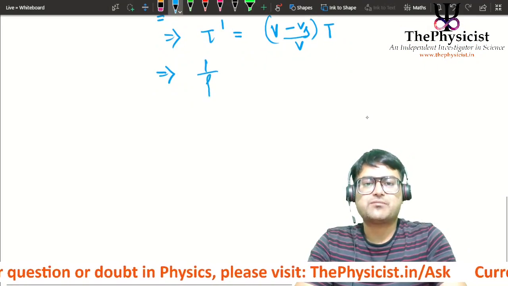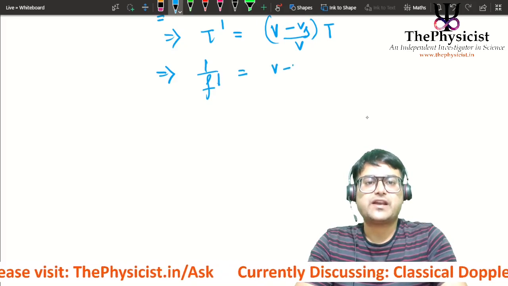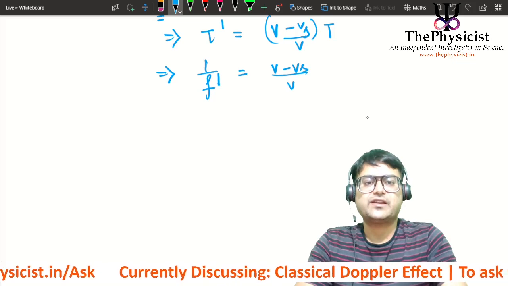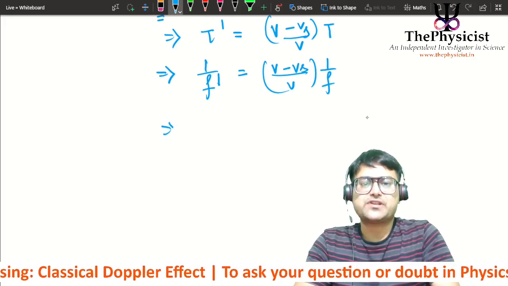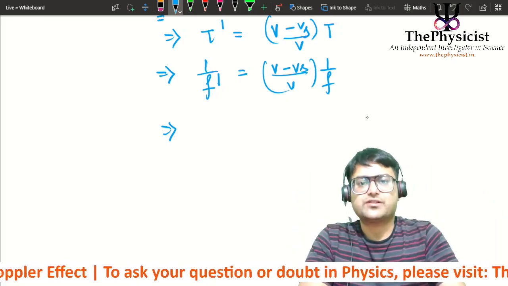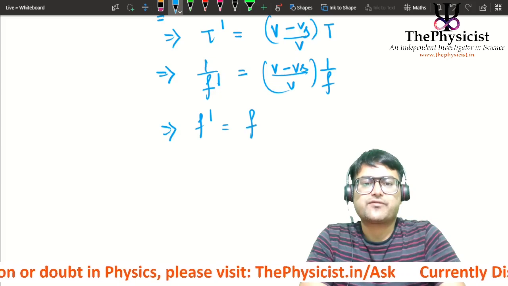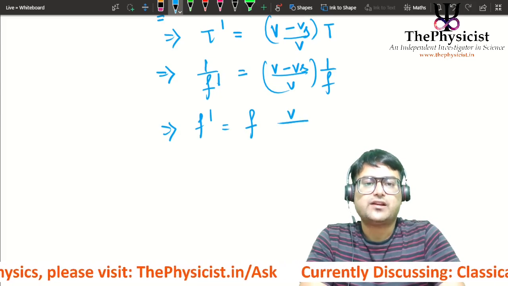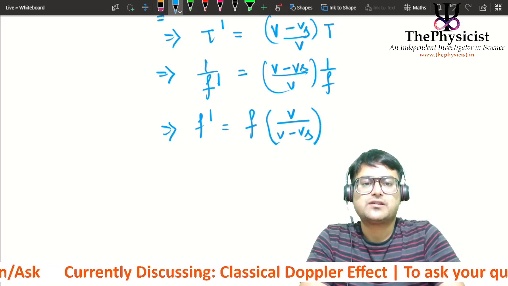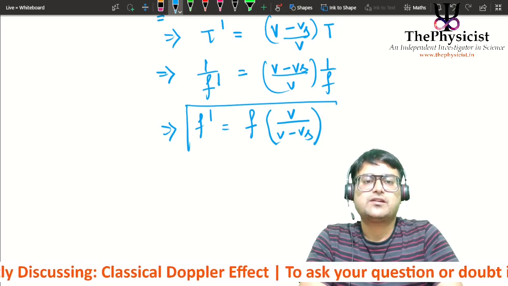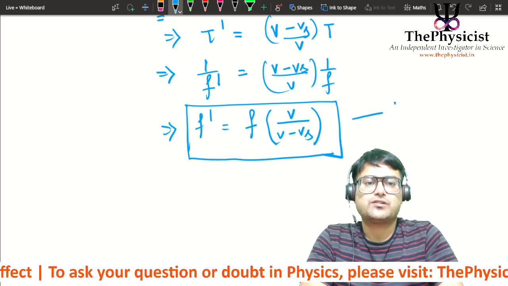So I can write 1 by the apparent frequency f dash is v minus vs by v multiplied by 1 by the actual frequency. Let me just flip the equation upside down. So f dash will be f into v divided by v minus vs, right? That's my equation 1.